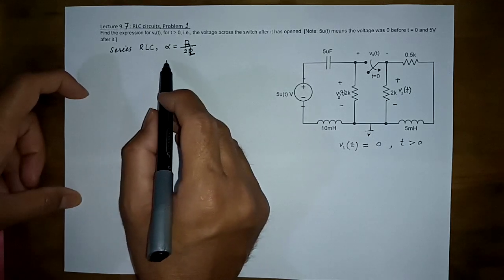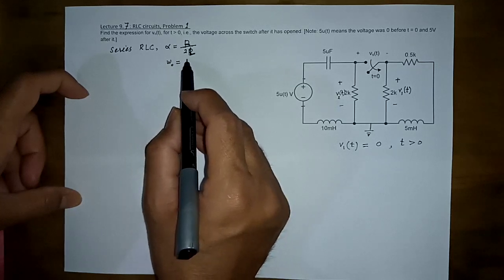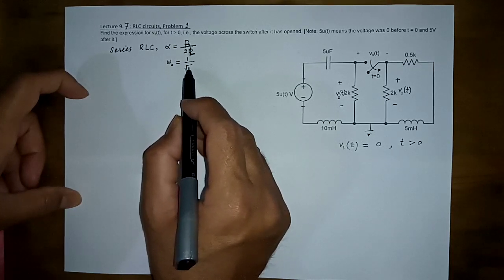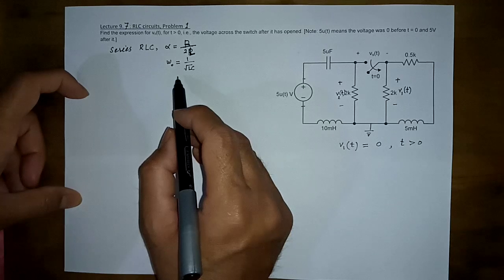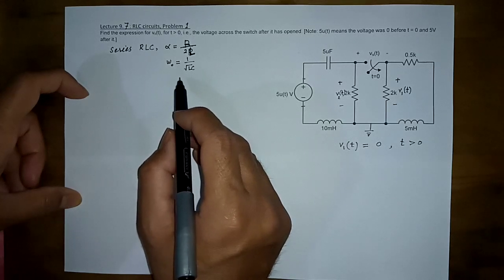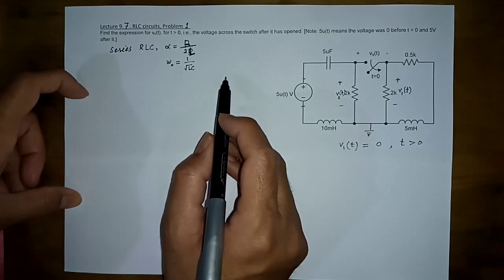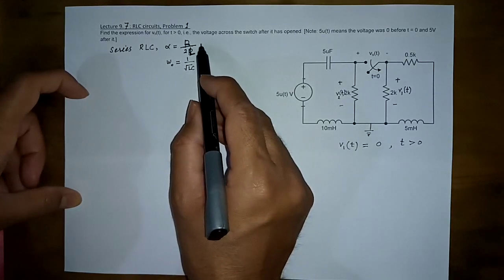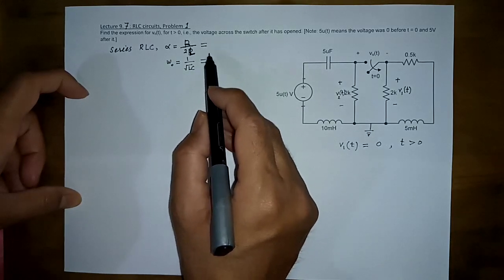Then you should also remember that omega naught is 1 over the square root of LC, and whether we need omega d or not is to be evaluated later, because it depends on the values of alpha and omega naught.